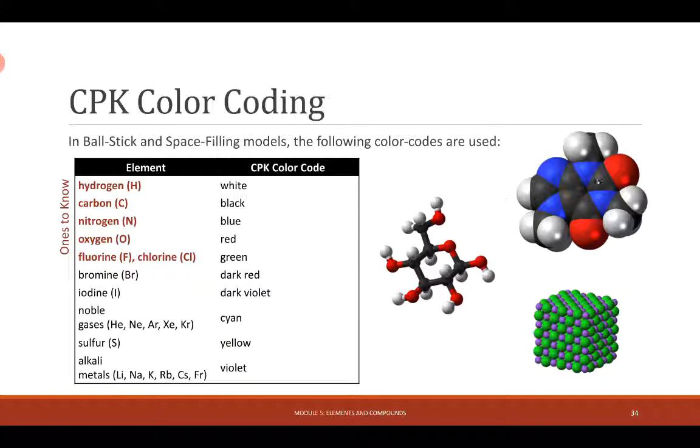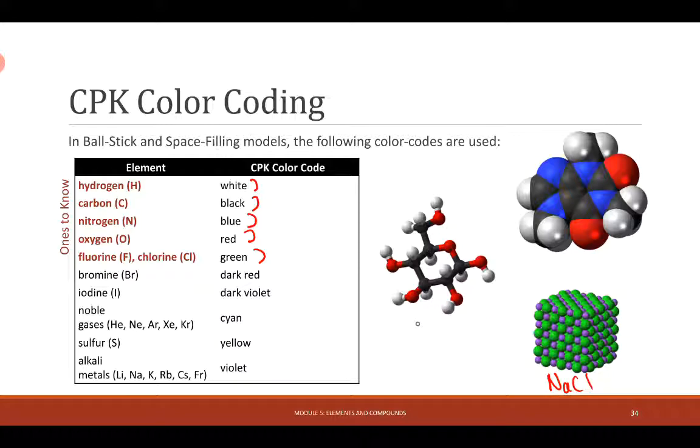And so the colors that you're expected to recognize are hydrogen being white, carbon is black, blue is nitrogen, oxygen is red, and if you see any green balls, it's either fluorine or chlorine. And so this structure down here is an ionic compound of NaCl.